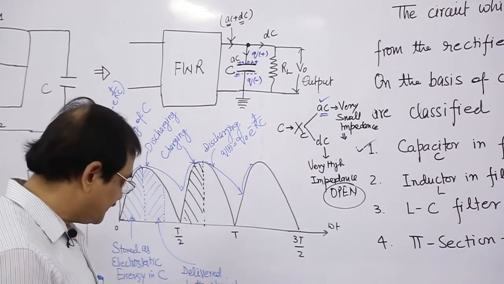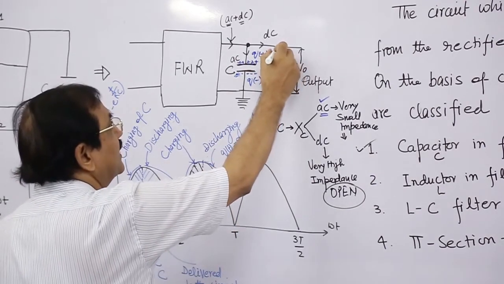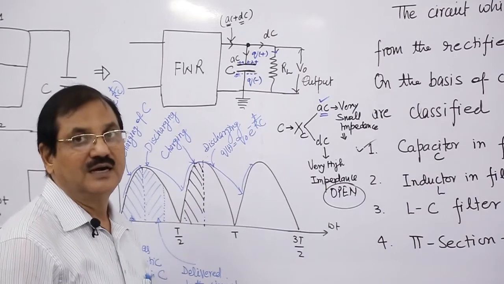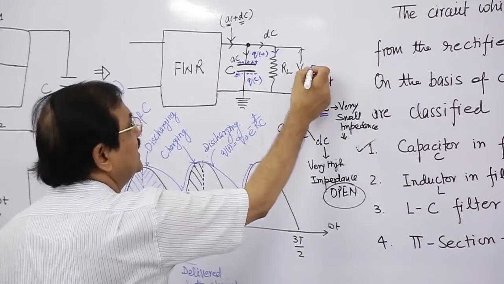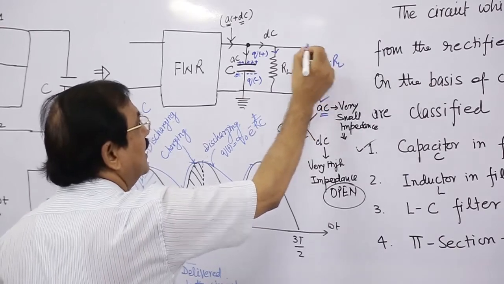For DC it is blocked, so the DC flows across the load RL. So, V output is I into RL.